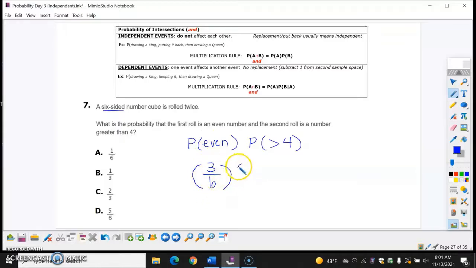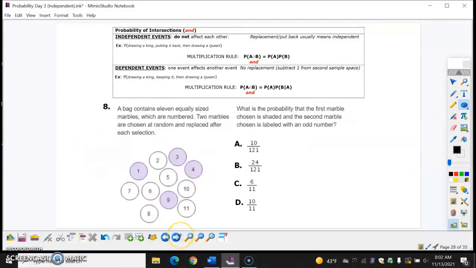The probability of a number greater than 4, if we roll 1, 2, 3, 4, 5, 6, then 5 and 6 would be greater than 4. So that is 2 out of the 6. You still have 6 to choose from the second time you roll a dice. And if you multiply and simplify those, we get 1/6.